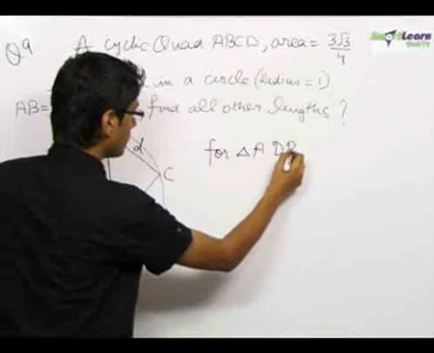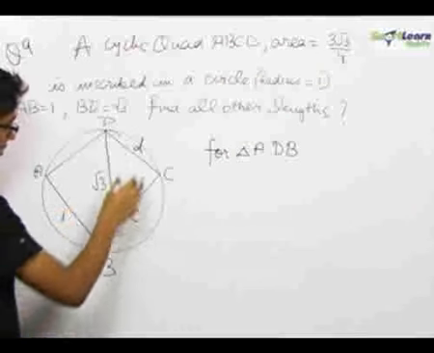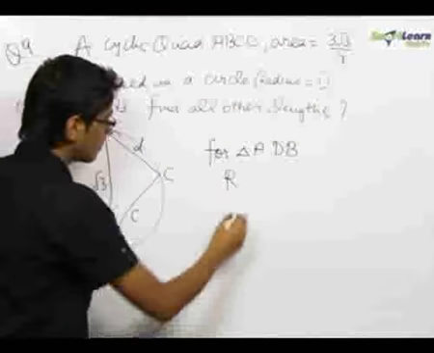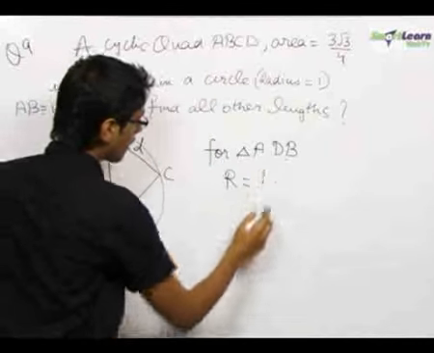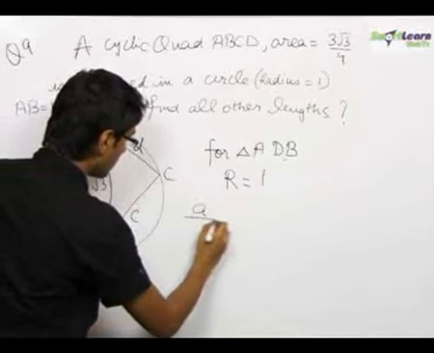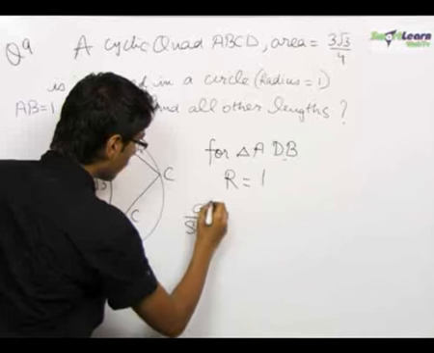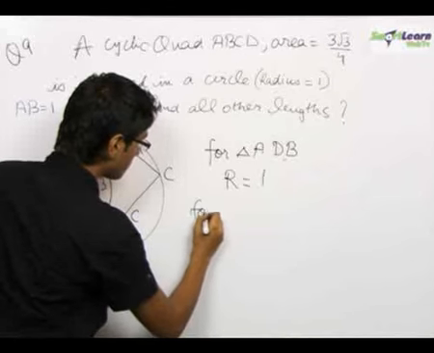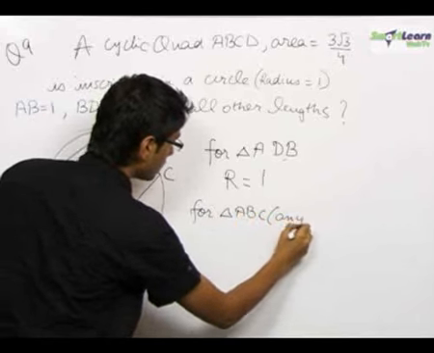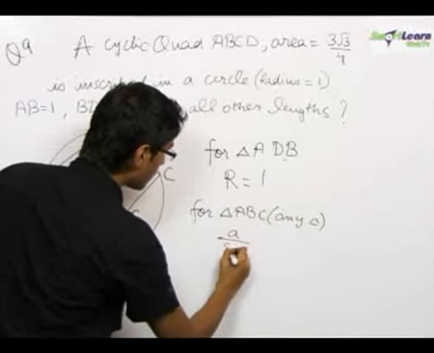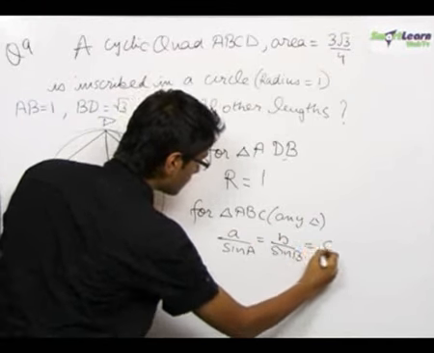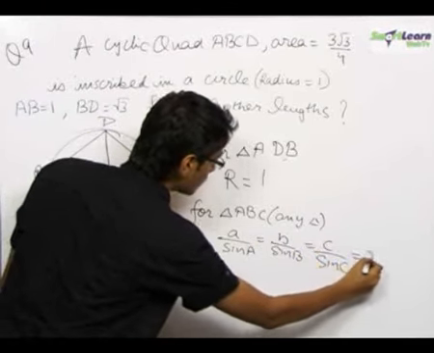ADB, since this circle is acting as the circumcircle, and we know that the radius of the circle is 1, so the radius of circumcircle for the triangle ADB is equal to 1, and we know that for any triangle ABC, a upon sin A equals b upon sin B equals c upon sin C equals 2R.